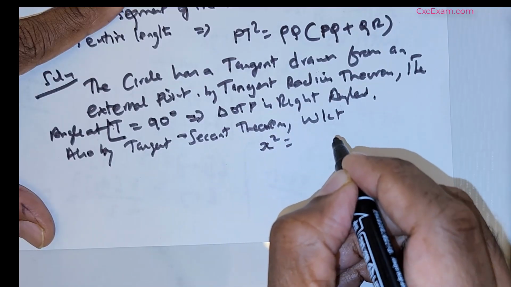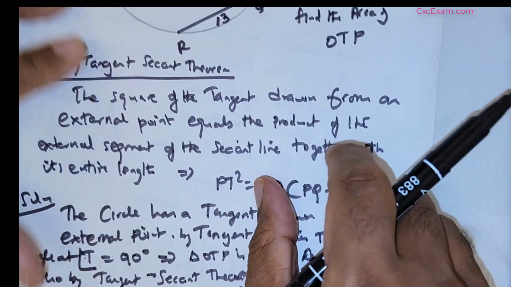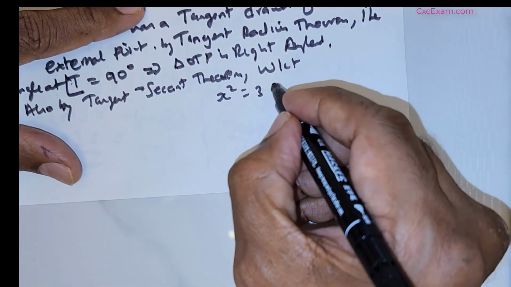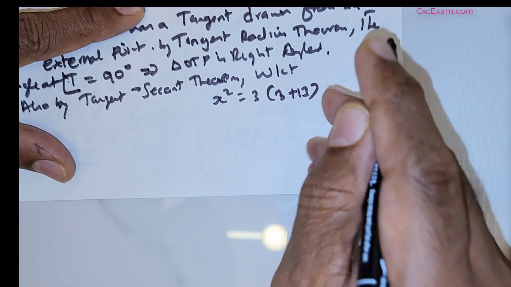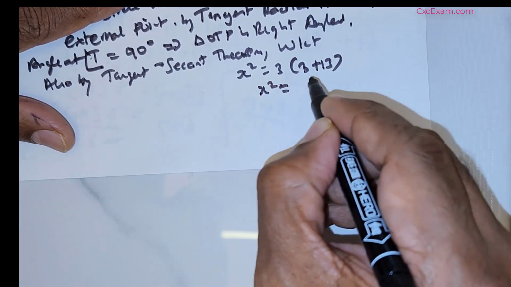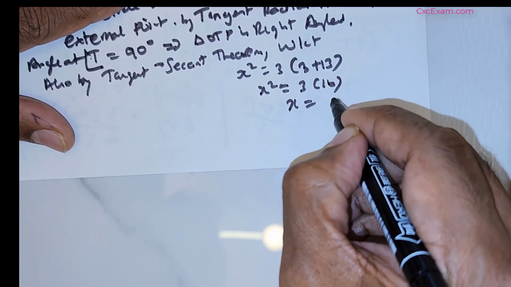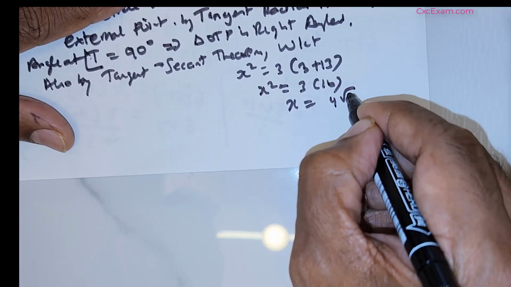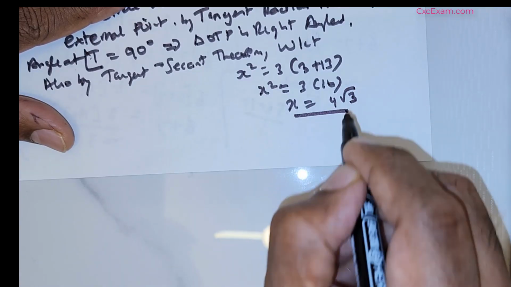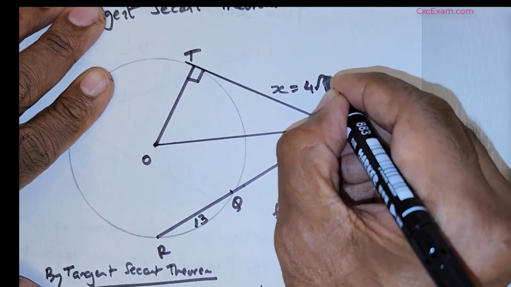X squared is equal to external segment 3 times the entire segment, 3 plus 13, which means x squared is equal to 3 times 16, which means x is equal to 4 times the root of 3. Okay, so x is equal to 4 times the root of 3.